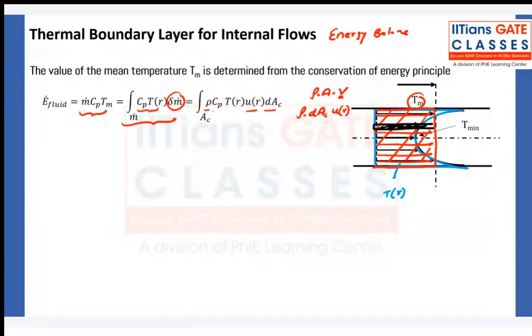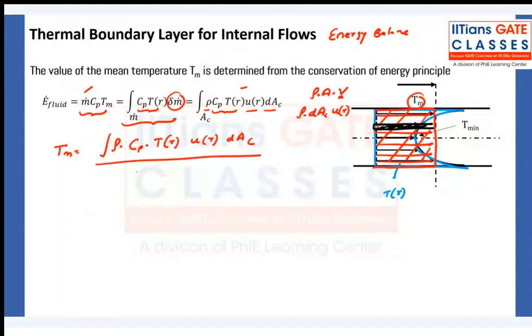By equating this and this, I can calculate T mean equals rho Cp T(R) U(R) dA cross sectional area by m dot Cp T mean. Now I can also write this m dot in the form of my V average.